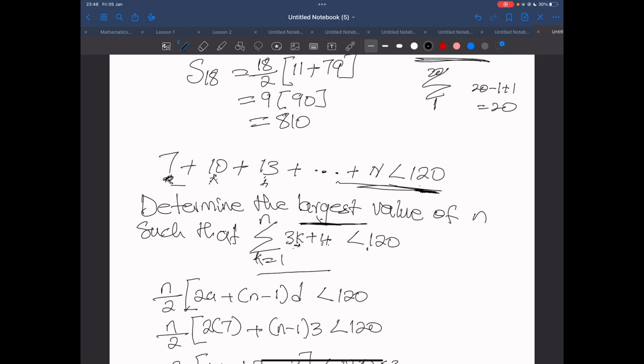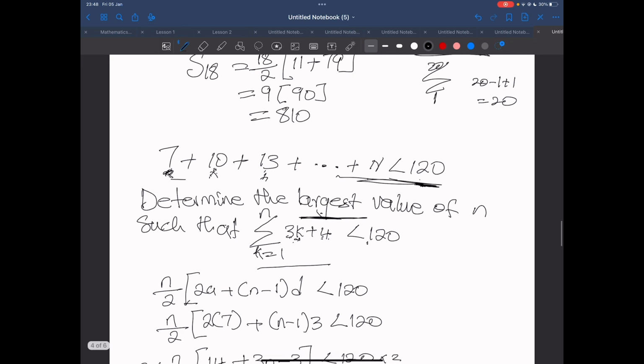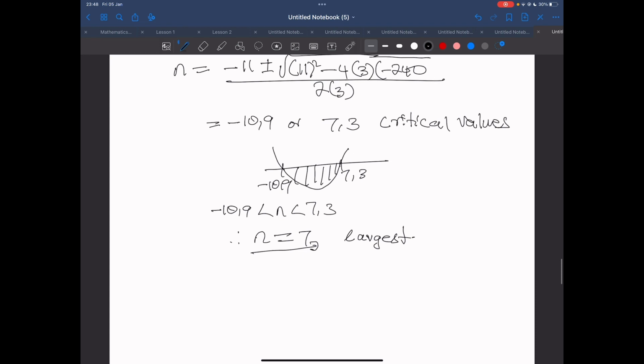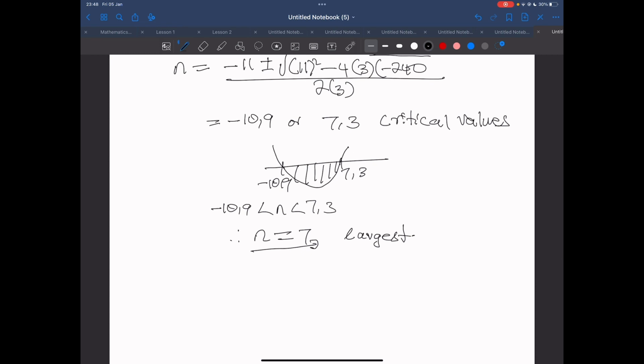If we add more than 7 terms, meaning if we add 8 terms, the answer will be more than 120. So hence we are saying the largest number of terms that we can add is 7. So that's our answer, we have answered the question.